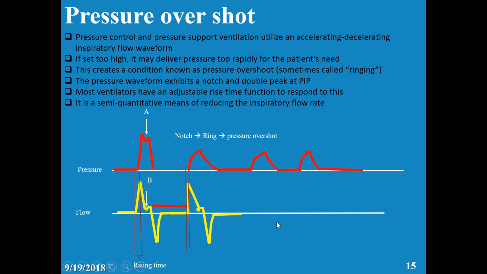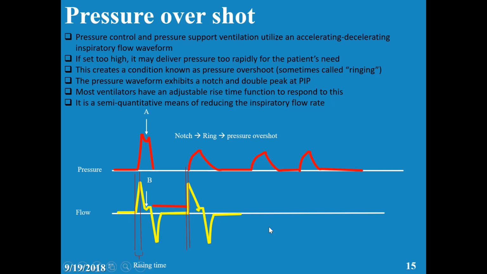And remember, the flow is very important. The flow starts from 0, this white line, and it should always go back to 0. If it does not start from 0 and does not go back to 0, then something is wrong. It should start here, come back to 0 before starting here, and come back to 0 before starting here.